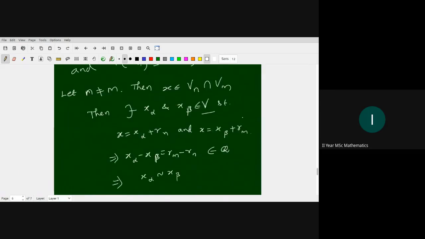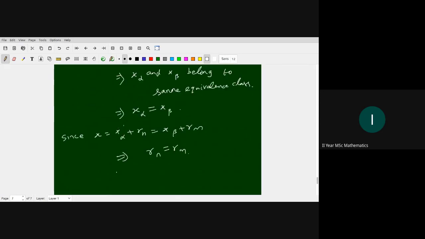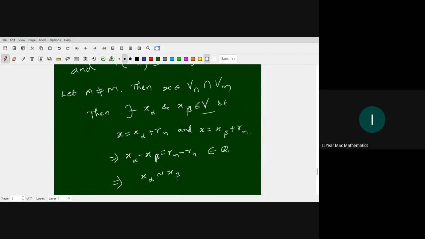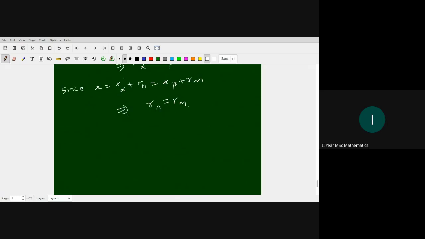But here, if we take different numbers n, the image is the same. It's a contradiction. Sorry, the contradiction arises where we started: if n is not equal to m, the intersection has an element, which is not possible. Therefore Vn intersection Vm is empty for n not equal to m.